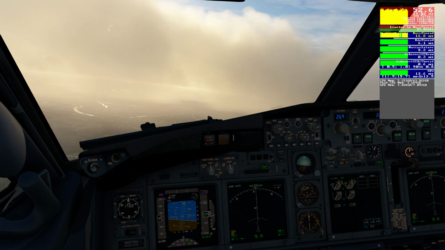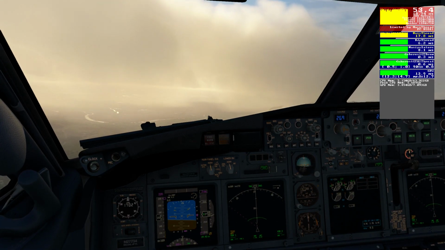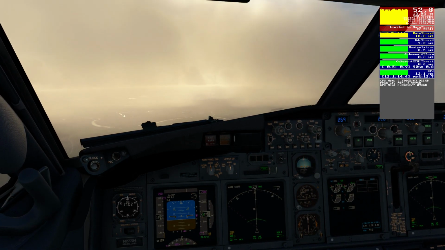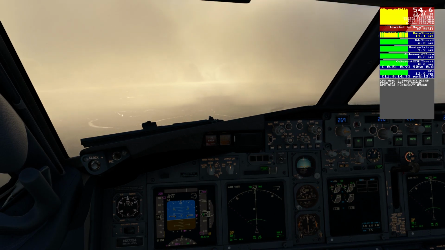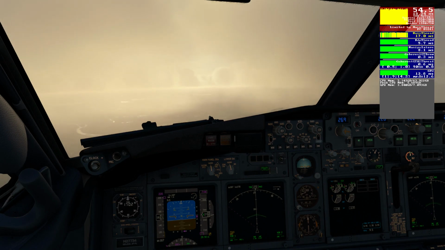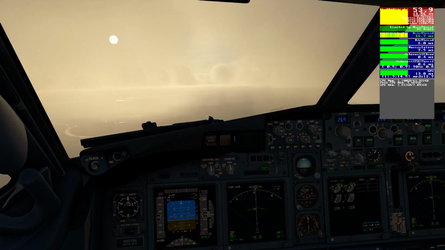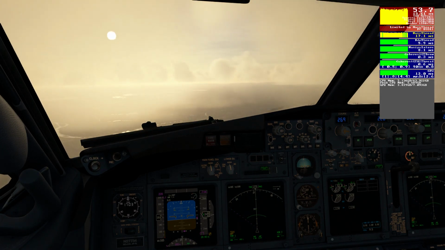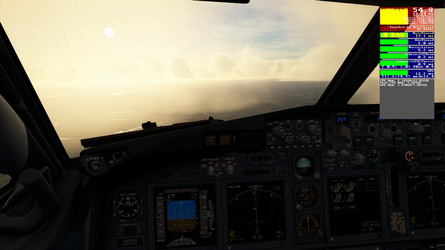I think I'm going to have to be a bit fast for the... Yeah, I'm a little bit fast. I'll get back on track very quickly. Where is the runway? Going through the clouds. Again, we're not having any issues with graphics here anymore.